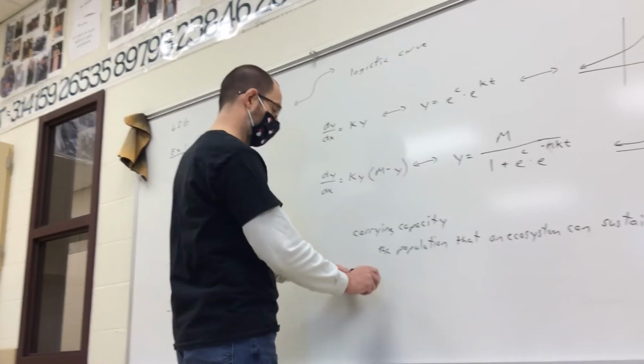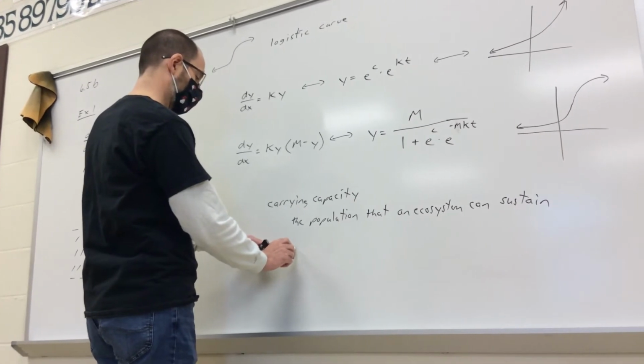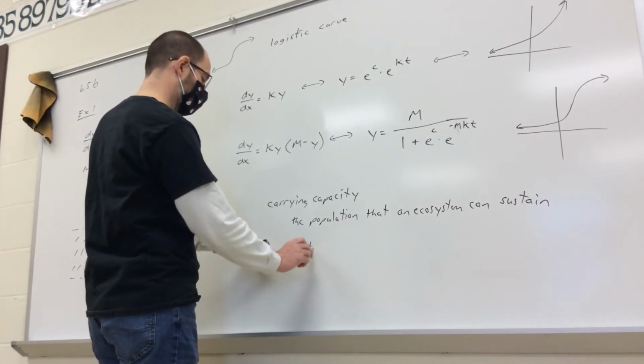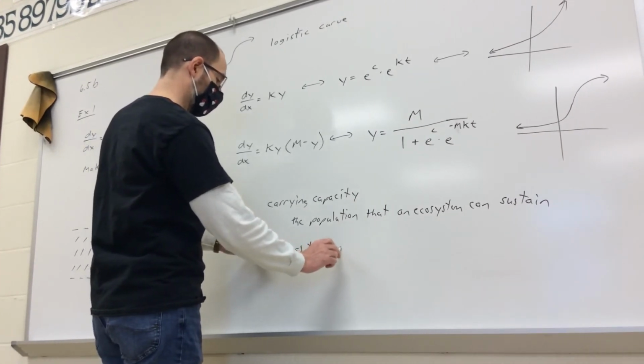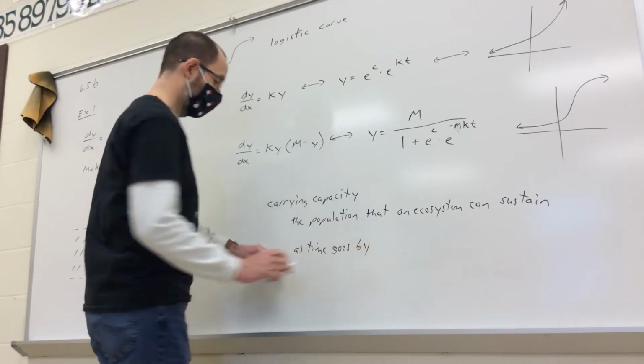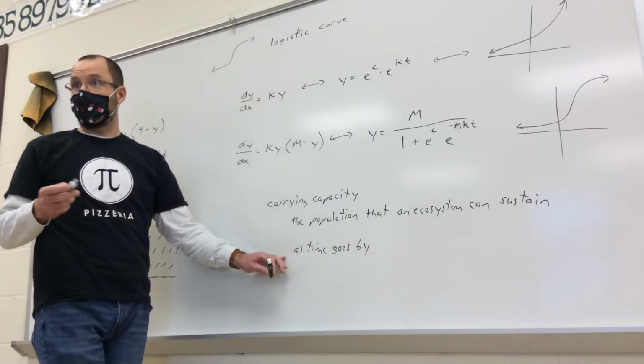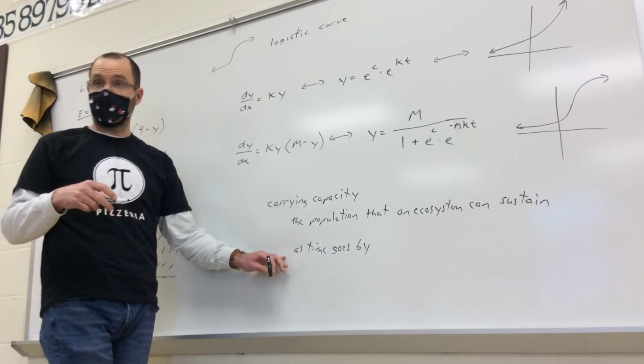So the mathematical definition is, as time goes by, the population will get closer and closer to this number.